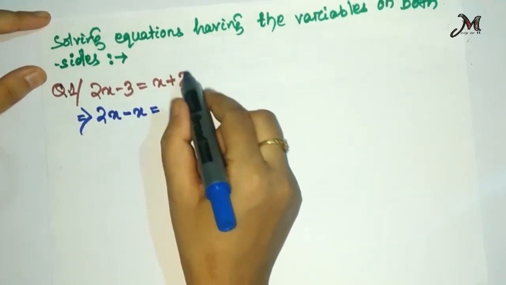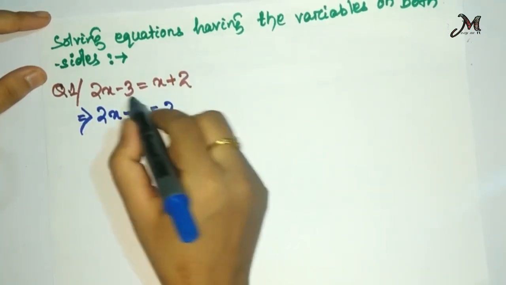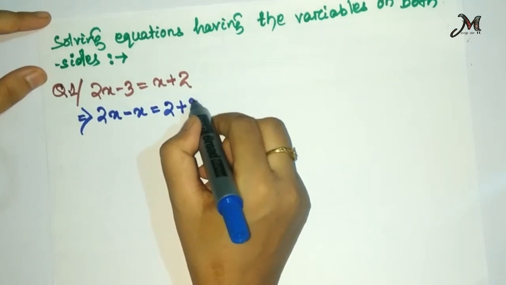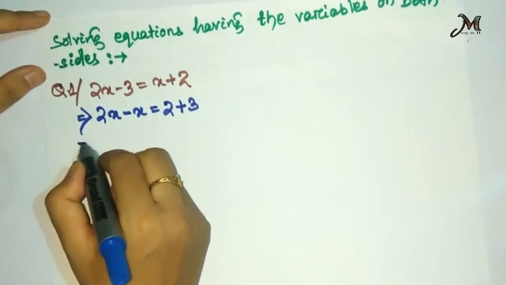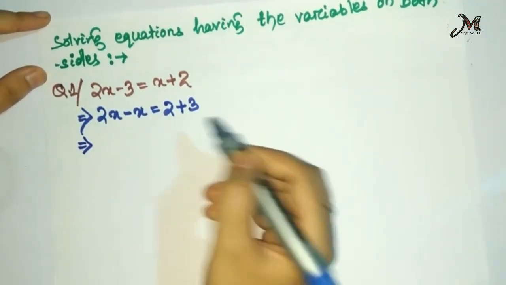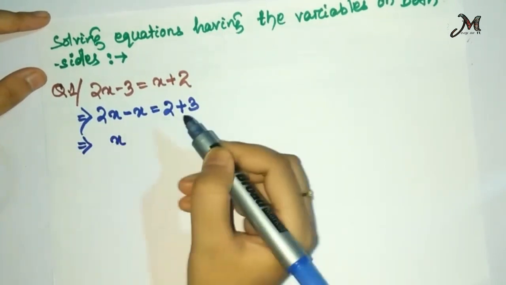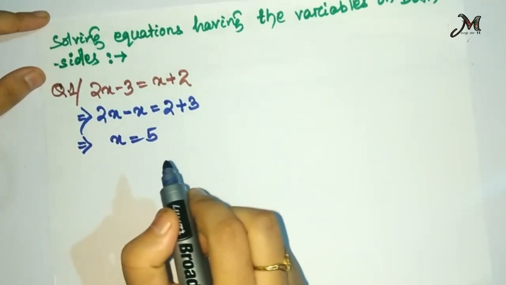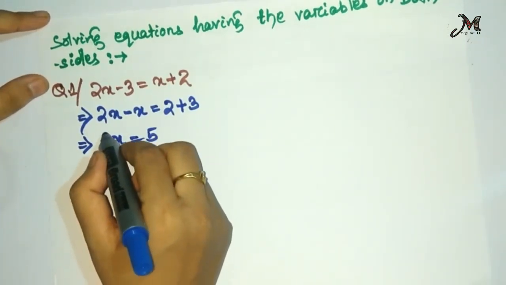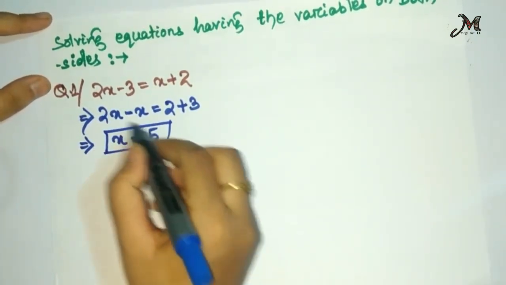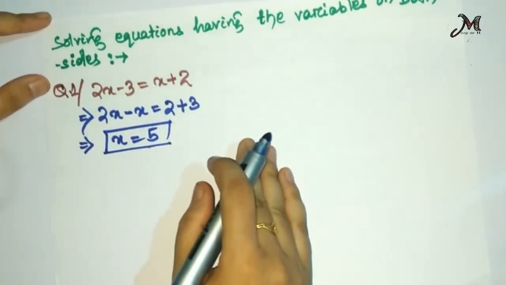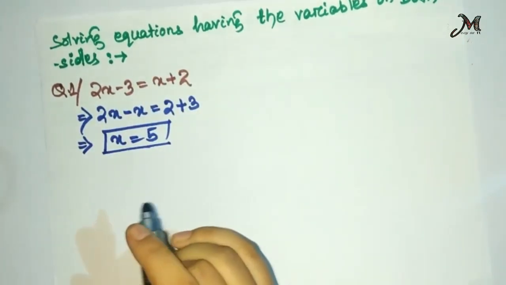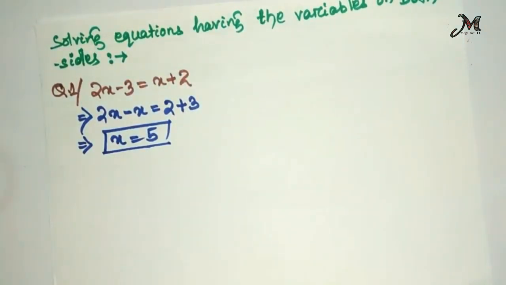Okay, so minus 3 will become plus 3. Now the equation will become 2x minus x is equal to 2 plus 3, which is 5, so x is equal to 5. Now this is the required solution of this given equation. Clear? Okay.